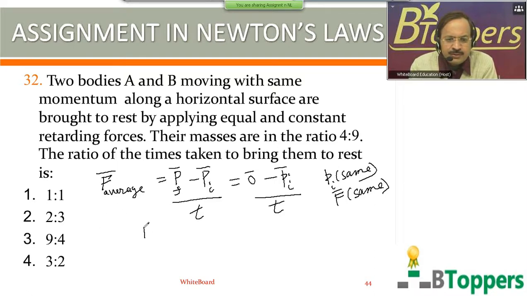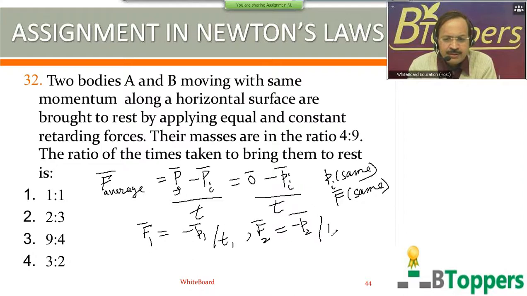If you write it otherwise, for the first body we can write F1 bar equal to minus P1 bar by T1. For the second body, F2 bar equals minus P2 bar by T2. Here P1 bar is the initial momentum of the first body, P2 bar is the initial momentum of the second body.